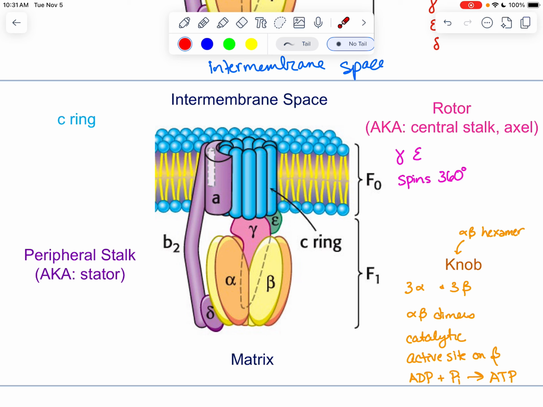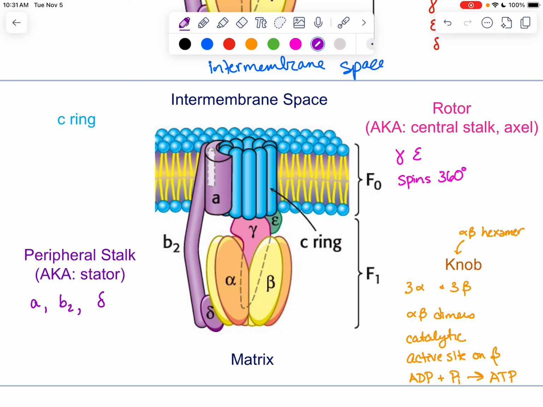All right, so going over to the left, we have the peripheral stalk. We've got the A subunit. I guess it is all the stuff in purple. The 2 B subunits, and we have that delta subunit.